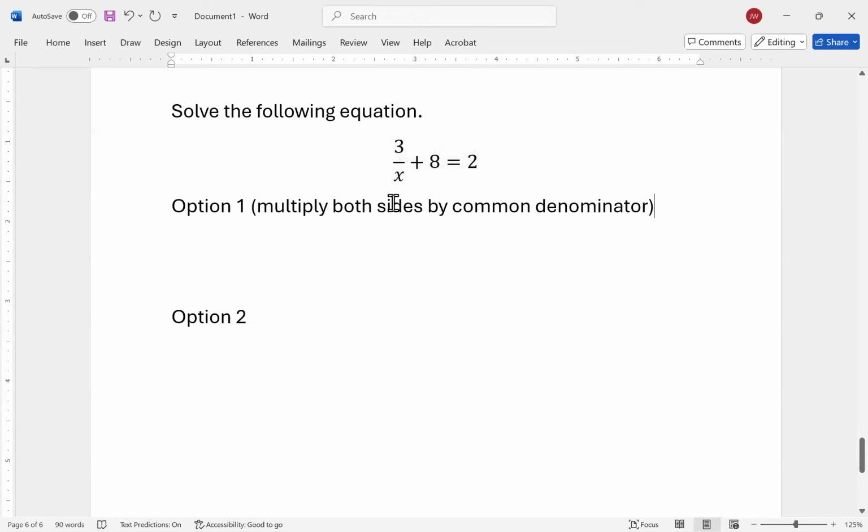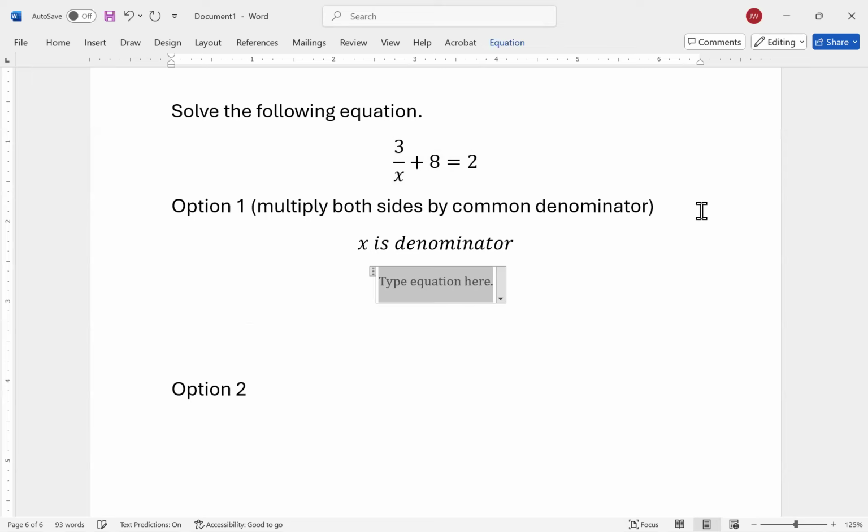Now, there's only one denominator here. So the common denominator just is looking at the denominators and saying, what can I multiply each by? The common denominator is x. So x is the denominator, and therefore I'm going to multiply both sides by x.